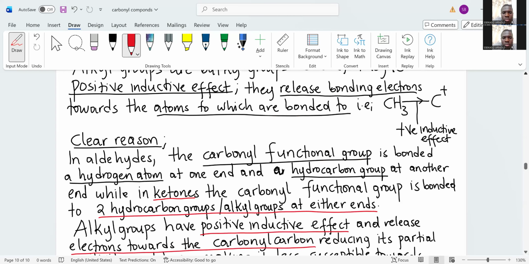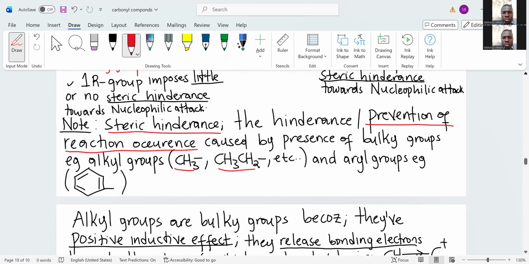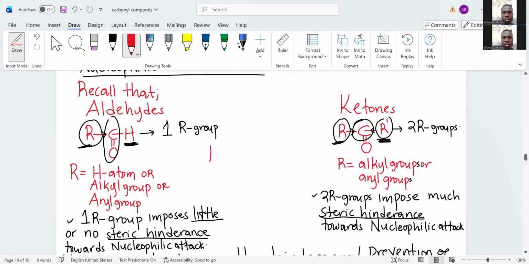What do I mean? Let me repeat. If you have R and C like this, and these groups are alkyl, they have a positive inductive effect, so they push electrons towards this carbonyl functional group. Therefore, that reduces the degree of partial positivity on it.